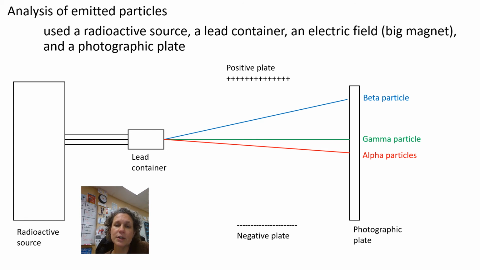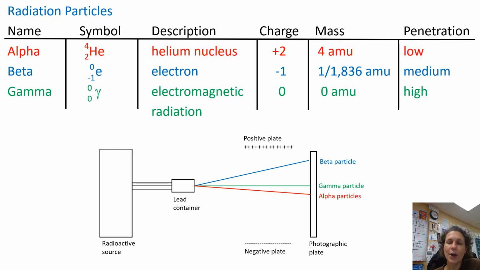It looks very similar to Rutherford's gold foil experiment, because this was happening at the same time, except you have this big magnet thing going on back here. So you have this negative plate and this positive plate. The plates in this case are what typically help to guide those particles. And then this next page will have a chart that breaks down what this whole crazy thing is saying.